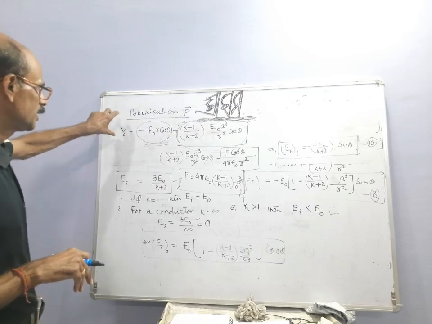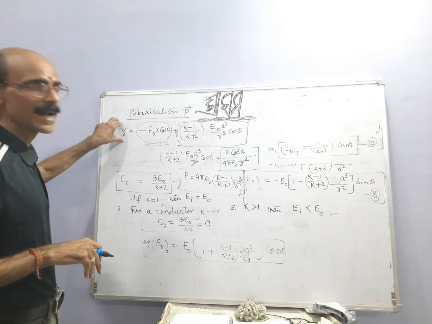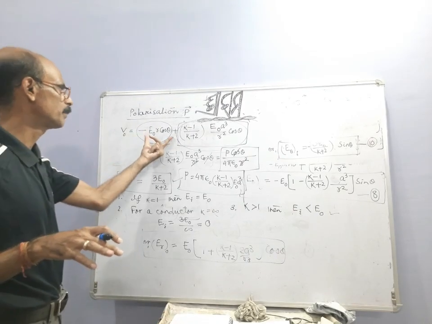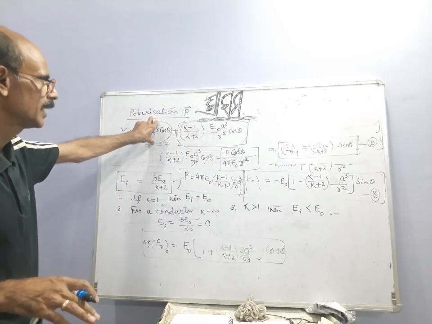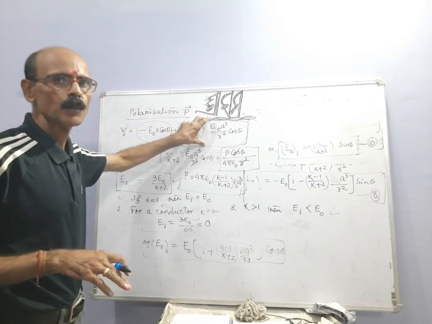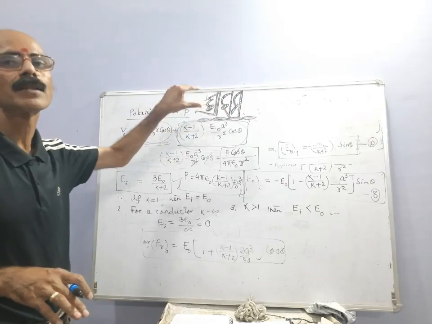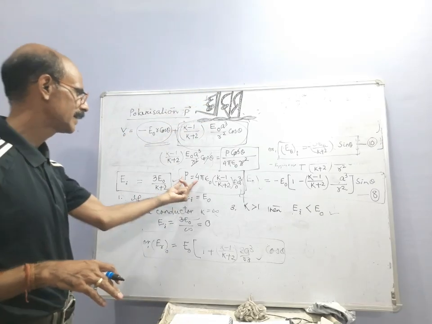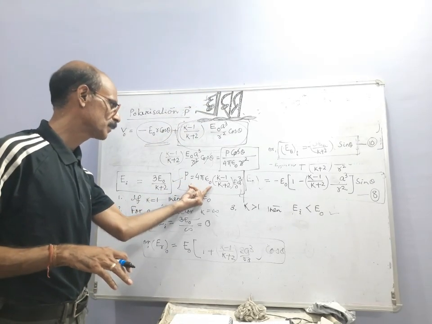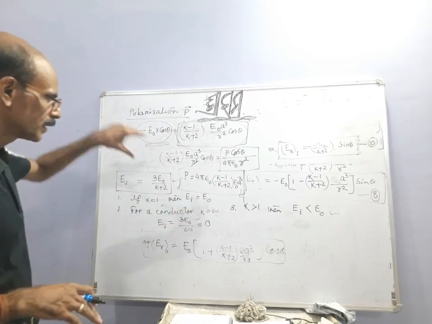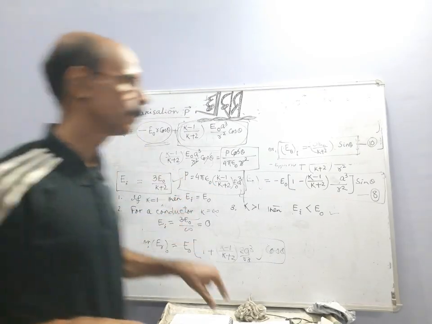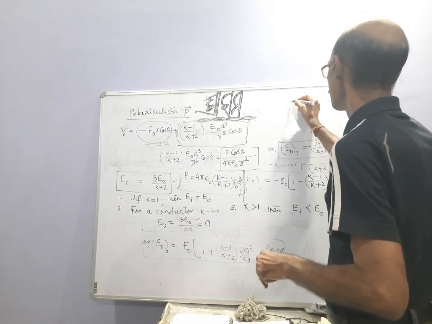So the potential outside the dielectric sphere is a combination of two terms. One is its original potential and another is the potential due to its dipole moment, and the dipole moment of the dielectric sphere is given by this much. From this dipole moment we can find the polarization.